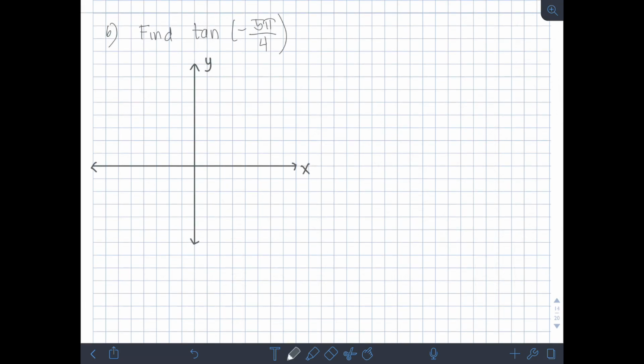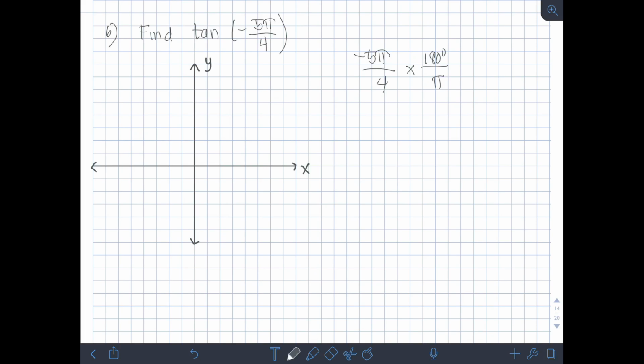Next, we have find tangent of negative 5 pi over 4. Okay, so this time, radian yung given angle natin. So para mas madali, i-convert muna natin itong negative 5 pi over 4 into degree. So multiply natin siya sa 180 degree over pi.